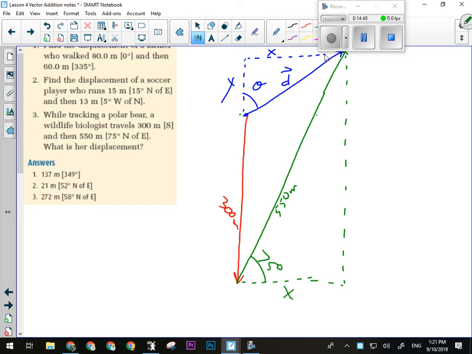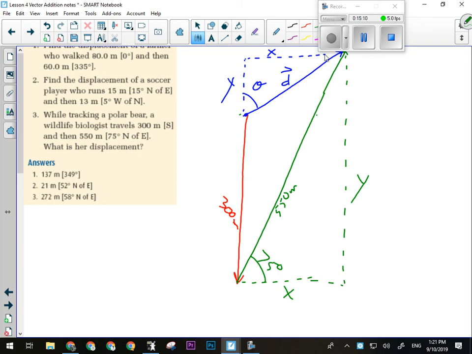Here's x, here's y. That's what our diagram should look like. That's a tricky one. We just have to remember those conventions that we have for drawing vectors. The length of the arrow represents its length and needs to be somewhat to scale, and we want to point them in the right direction. 75 degrees north of east is a very steep triangle.